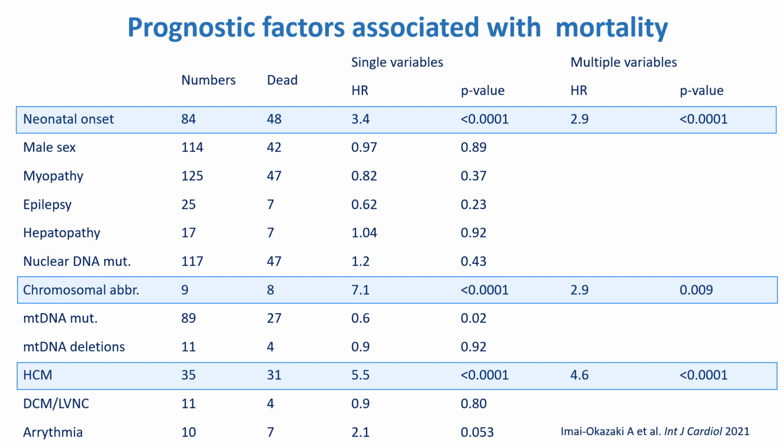This table shows prognostic factors associated with all-cause mortality. Multivariate analysis demonstrates that the three factors highlighted in blue, that is neonatal onset, chromosomal aberration, and HCM, were independent factors for raising mortality.